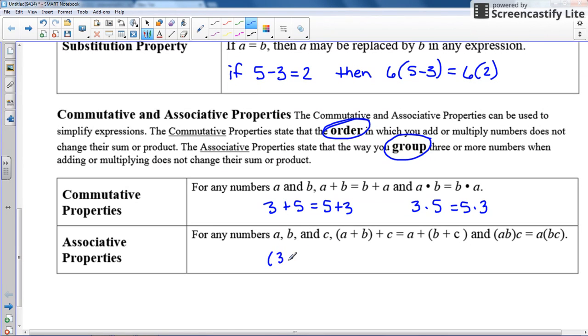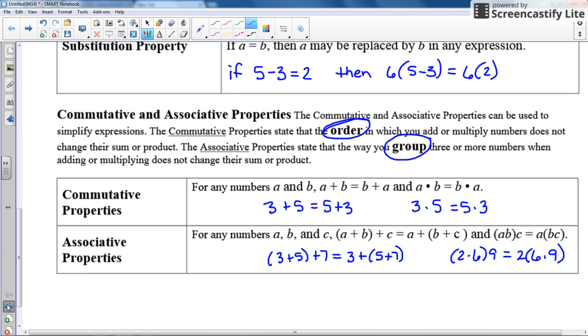If we have 3 plus 5 grouped together, and then we add 7, that would be the same as taking 3 and adding that to the group of 5 plus 7. We'll get the same answer either way. And same thing with multiplication. If we have the product of 2 and 6 multiplied by 9, that would be the same as 2 being multiplied by the product of 6 and 9. You're going to get the same answer either way. So that hopefully is just a review of those 2 properties.